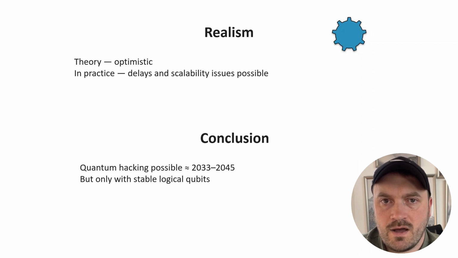But even under that scenario, we must remember the number of qubits is not everything. High precision of qubit operations is required. Effective error correction is needed. A software implementation of Shor's algorithm for elliptic curves must exist.